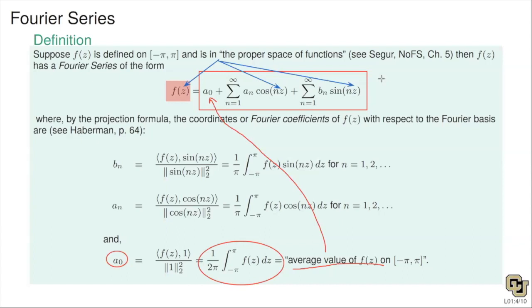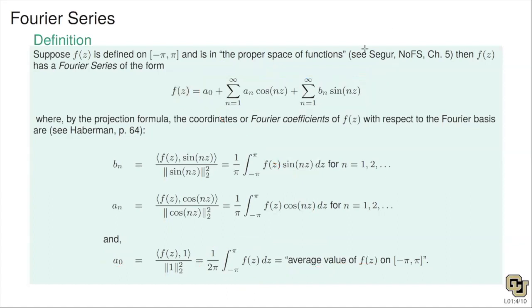There are some issues here that I want to bug you about now. For example, if we look at the function on the right side, this function is a sum of periodic functions. Cosine and sine are periodic, and I'll talk about this more.